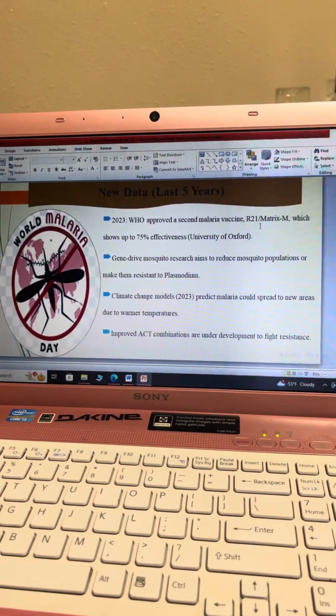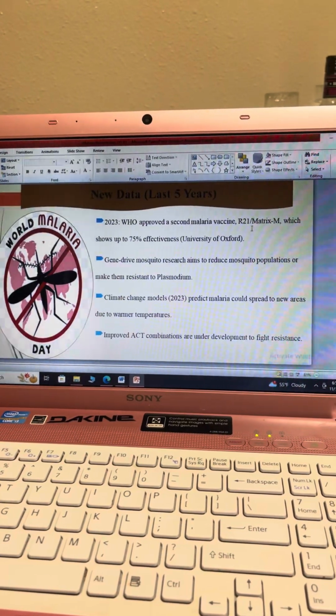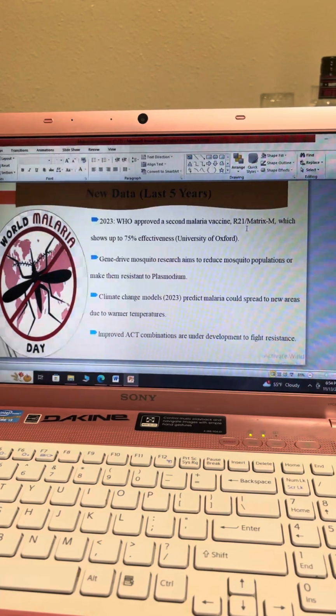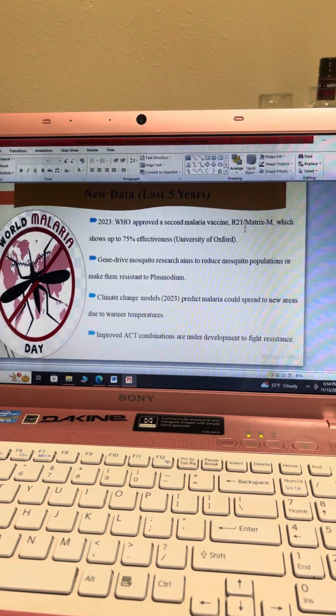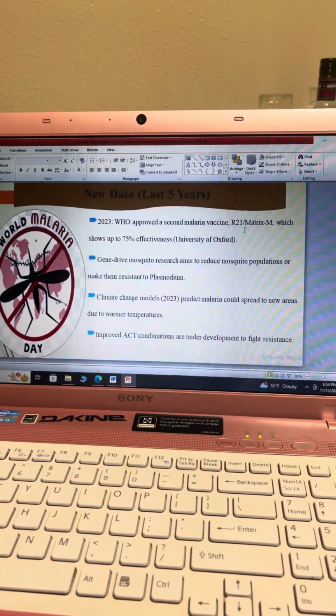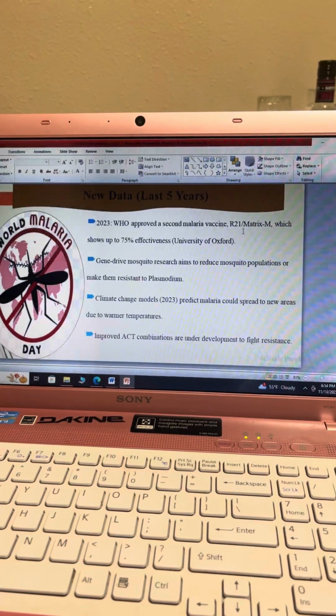New data in the last 5 years. In 2023, the World Health Organization approved a second malaria vaccine by the name R21/Matrix-M, which shows up to 75% effectiveness, according to the University of Oxford.